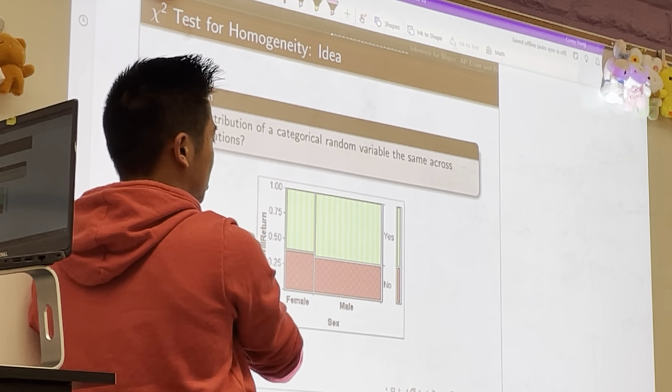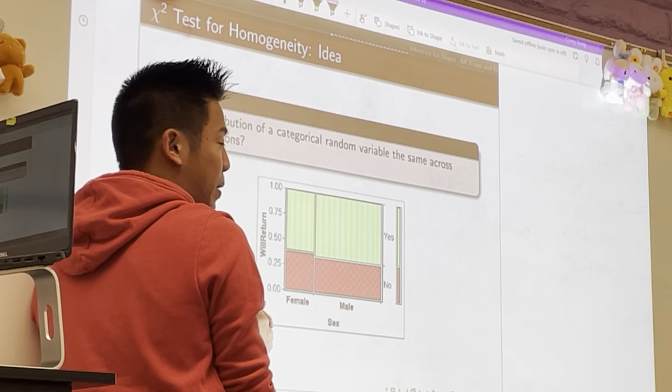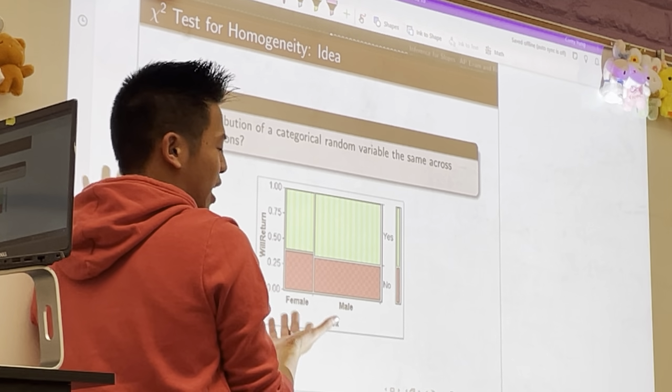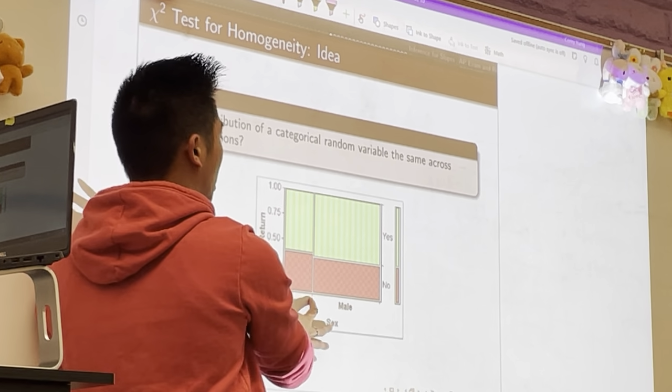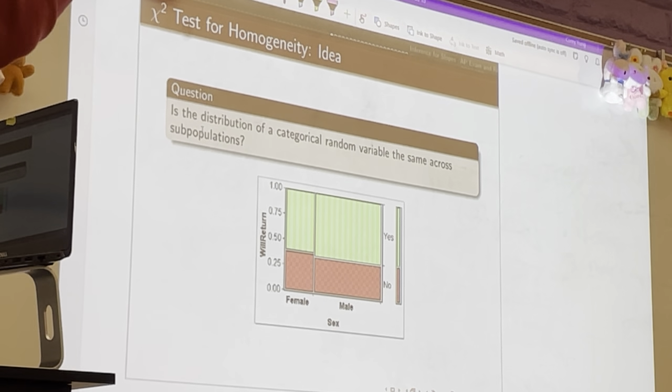All right, so this is very similar to independence, but in this case, one of the categorical variables has to be a different population, whereas for independence, they don't have to be different populations, such as anger level and heart disease risk. None of those variables are populations. So males and females could be two separate populations.